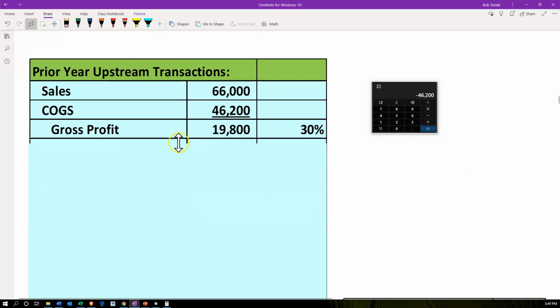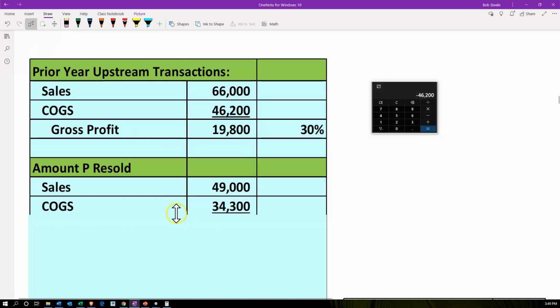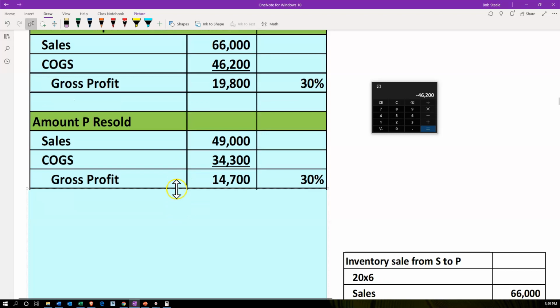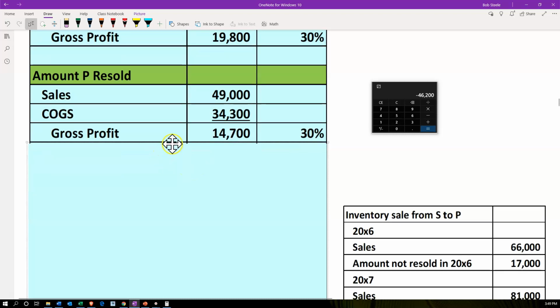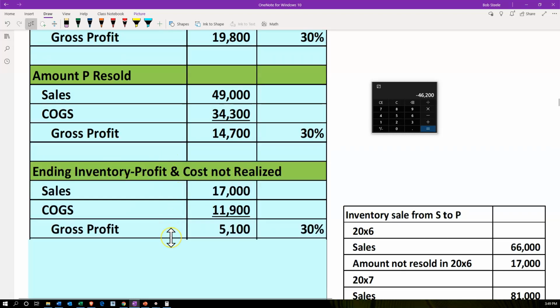Then we want to think of that amount, how much was the amount that was resold? Notice we're looking at the same kind of unit valuation of the items that are going to be resold. And then we have the ending inventory, these items being related. What they gave us here was the amount not resold, or the ending inventory.